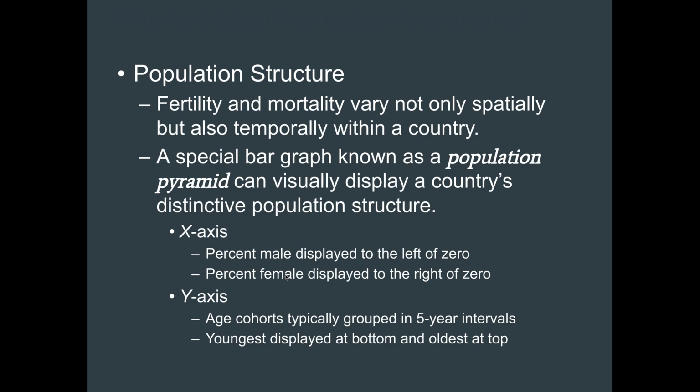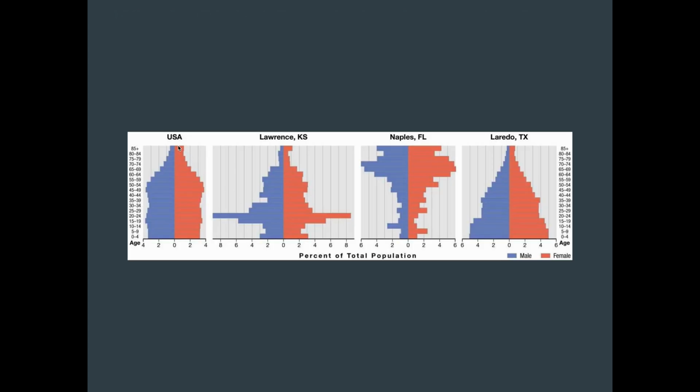Geographers have come up with this special population pyramid that allows you to visually see a country's population structure at a particular time. On the x-axis, it goes from either the number of population, or in this case, a percent of the total population.